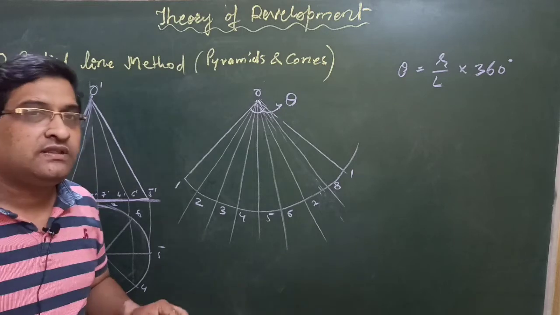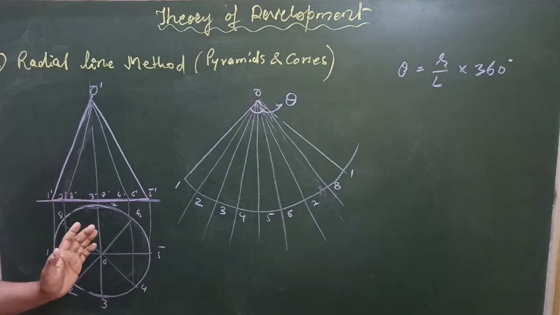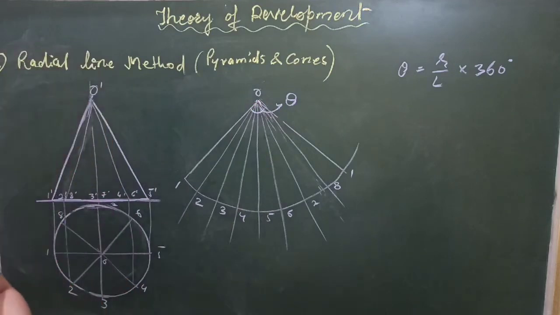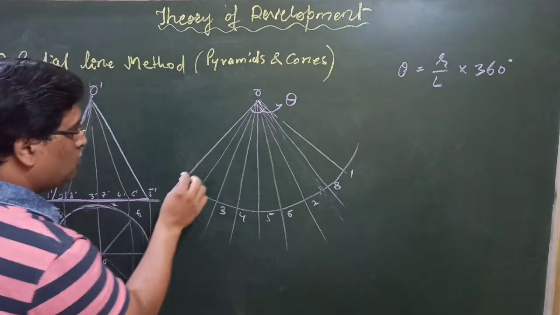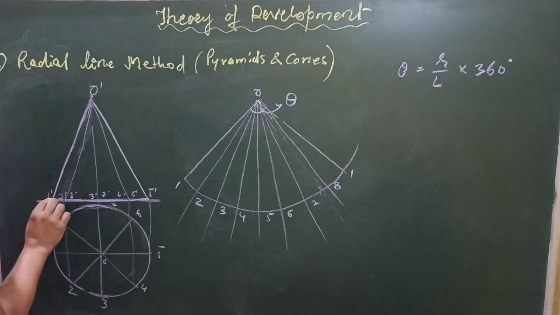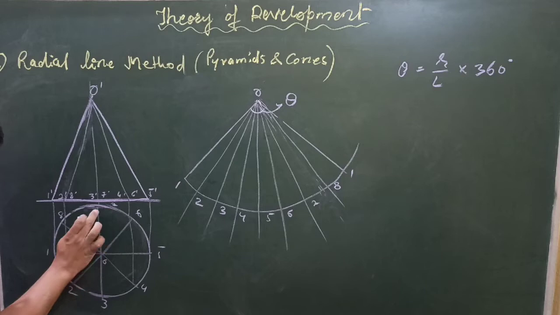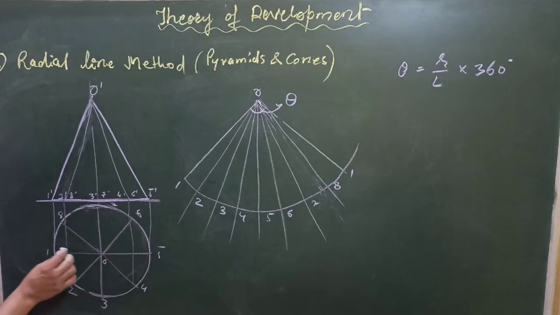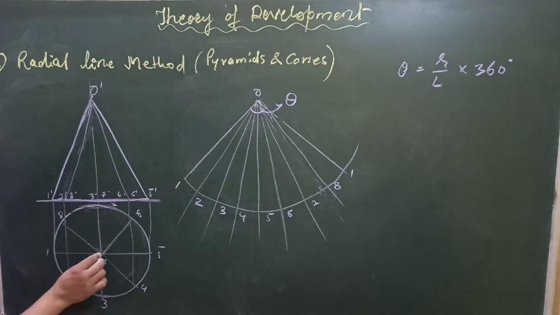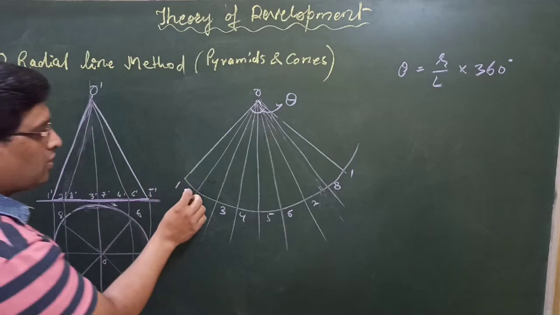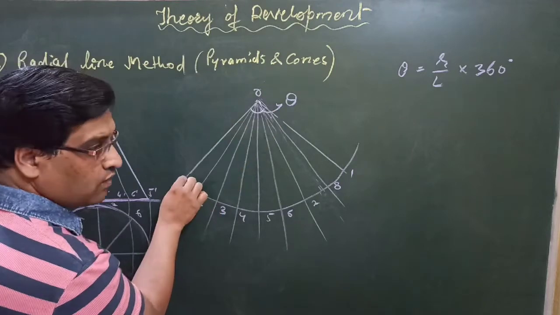So in radial line method for cones, what we have to do, we have to again draw any point O in the space, then draw O1, that is O dash 1 dash from here. Because this division is being done by us, you can take one line always parallel to VP. So O1 is parallel, O5 is also parallel. So you can take either O1 dash or O5 dash from here and draw a line O to 1 here.